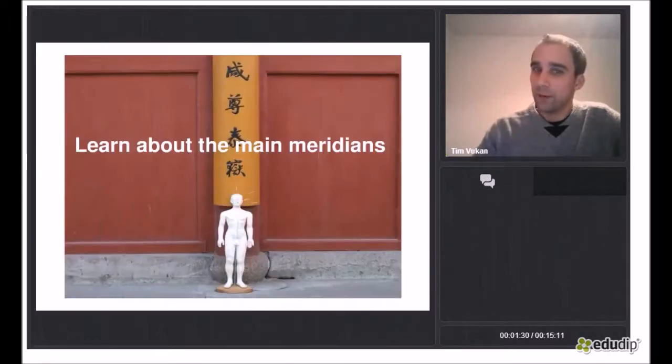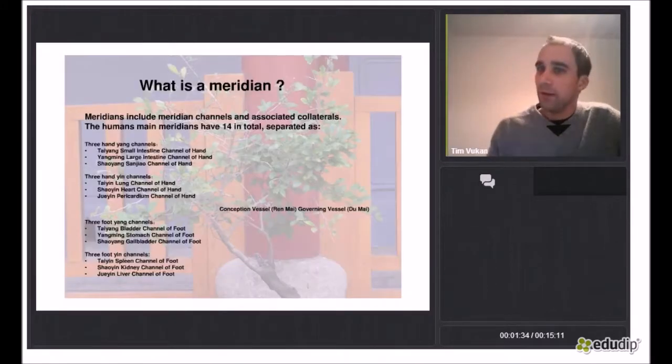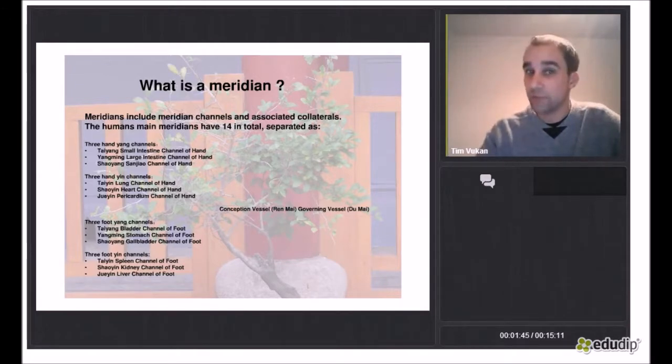So if we take a look at the main meridians, which we are first introducing in this slide, you see that we have two kinds of meridians: channels, meridian channels, and associated collaterals. In total, we can say we have 14 main meridians.